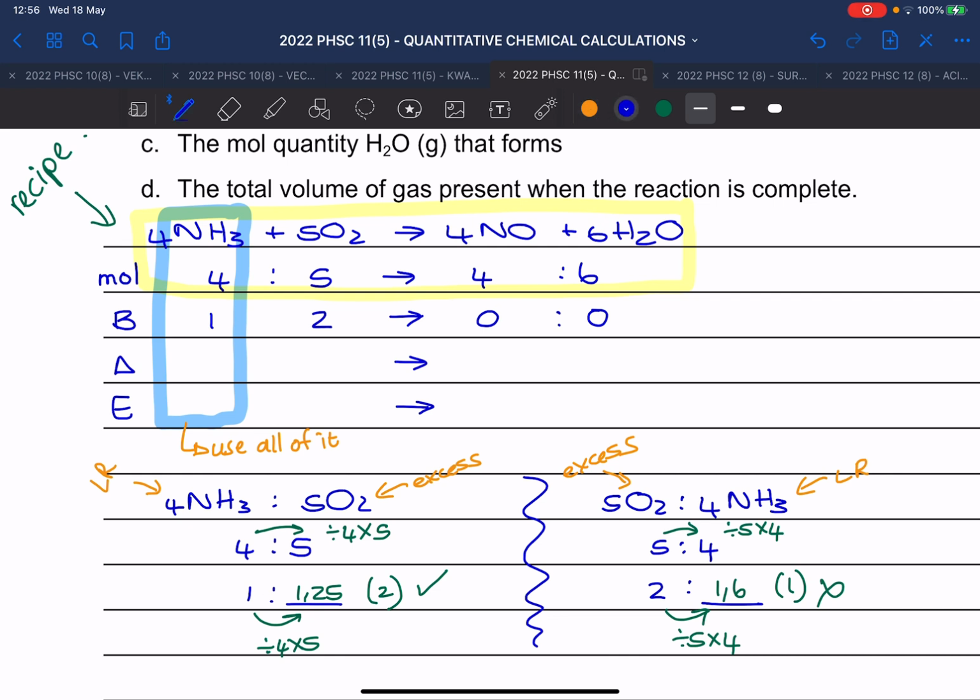Meaning, if there's a 1, you say minus 1 so that you have 0 left at the end. So you use all of it, so that you have nothing left at the end. And the second thing that you must know is the limiting reagent determines the number of products.